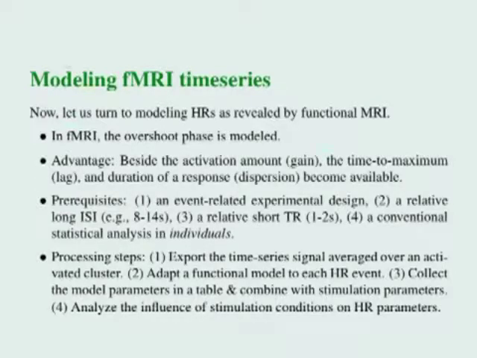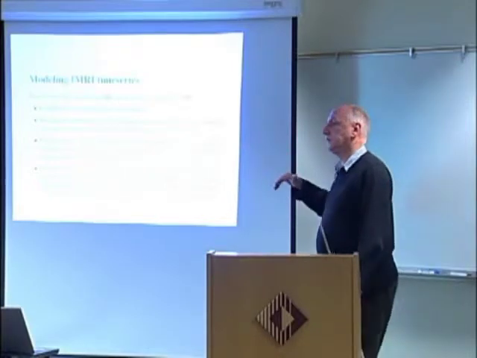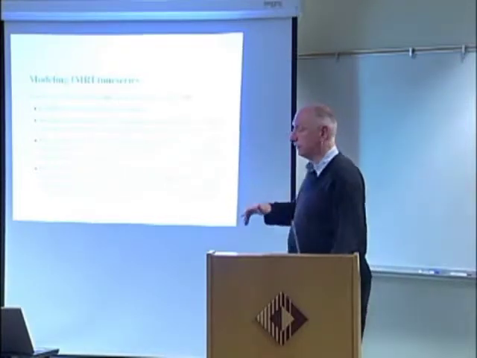Then you have the model parameters, gain, lag, and dispersion, for each trial in your experiment, and you can combine this with your stimulation conditions. So you can say whether it was a red condition or a blue condition or a phase condition and how long it lasted, and so on and so on.